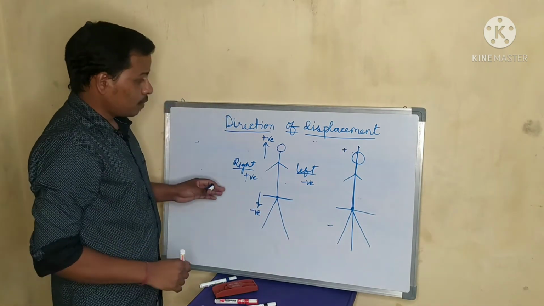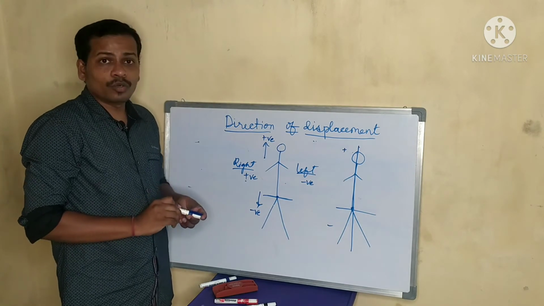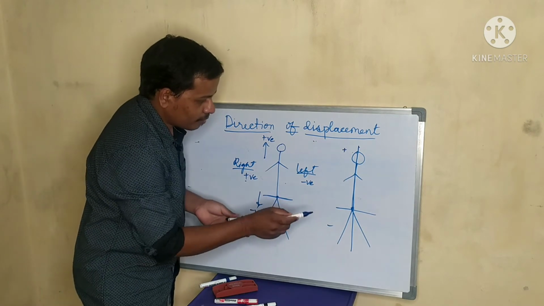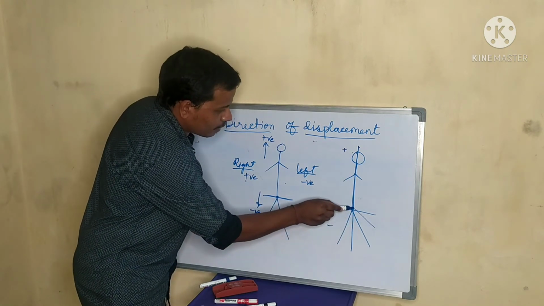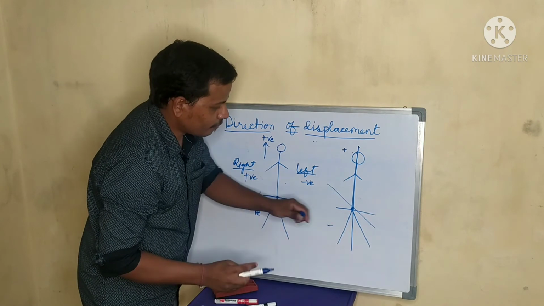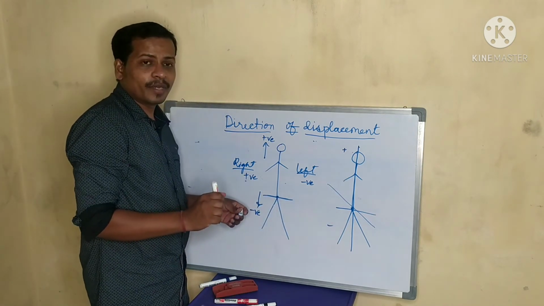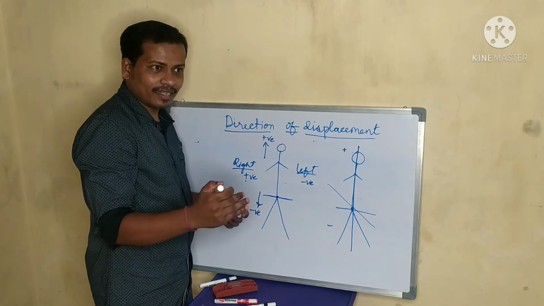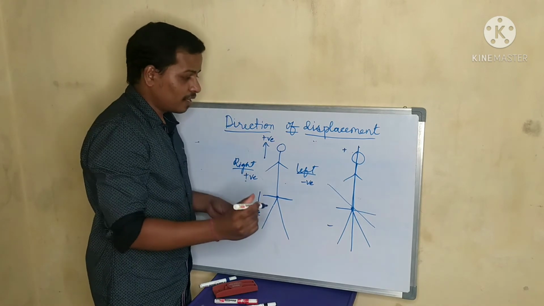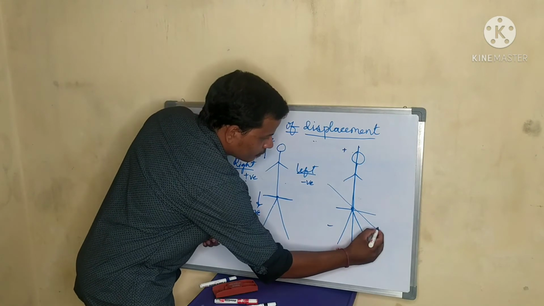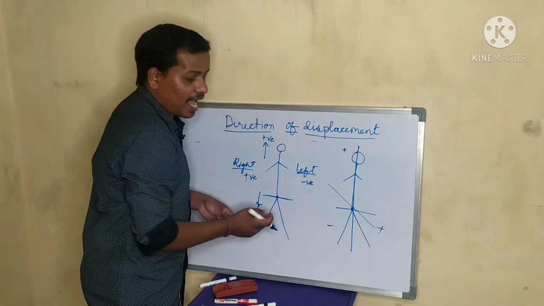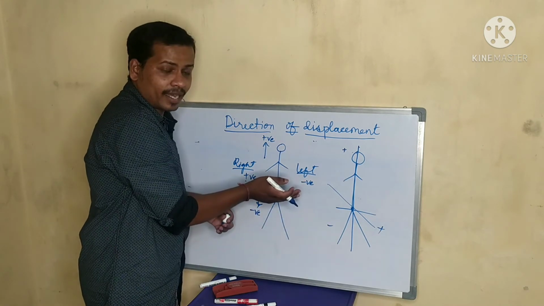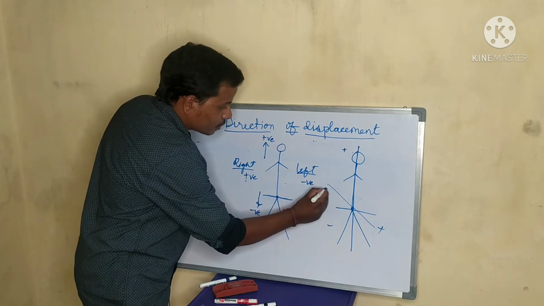Now what happens with respect to the z-axis? The z-axis runs from front to back. Linear displacement with respect to the z-axis is designated as positive if it takes place in the forward direction, and negative if the displacement takes place in the backward direction.